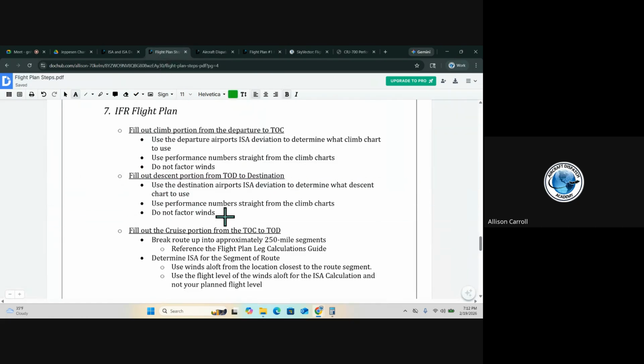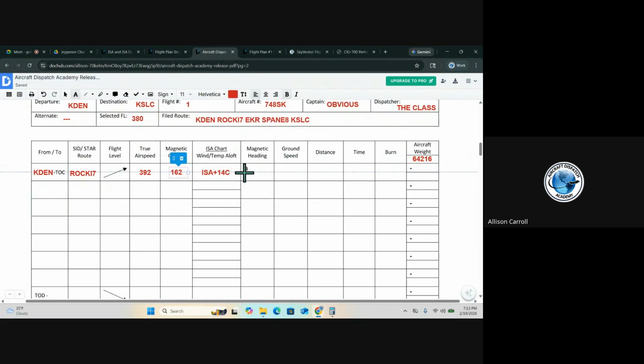Now, remember, we're not going to factor in winds for climb and descent. So when we get to the magnetic heading and ground speed for climb and for descent down here, you're just going to mirror these first two boxes right here. Okay, so the heading is the same as the course, and the ground speed is going to be the same as the true airspeed, because we are not factoring winds.